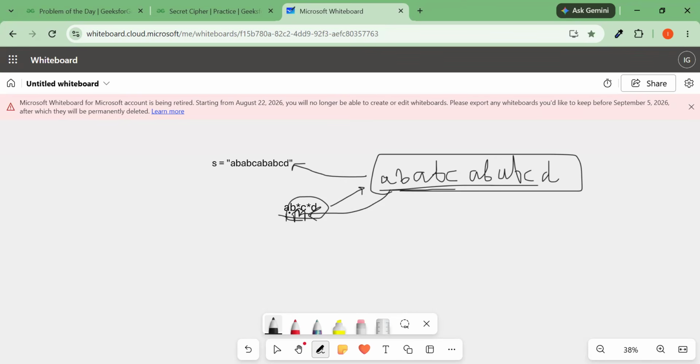Like when AB asterisk is found, then AB is repeated. So to do that, we will start from the right-hand side and check. This is the complete string we have been given, and the indices are 0, 1, 2, 3, 4, 5, 6, 7, 8, 9 and 10, so the length will be 11.